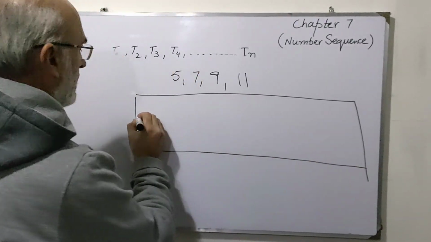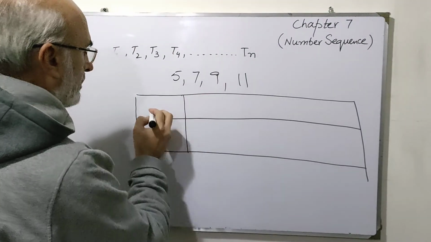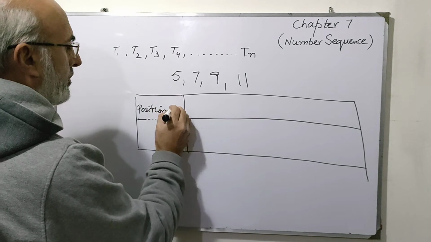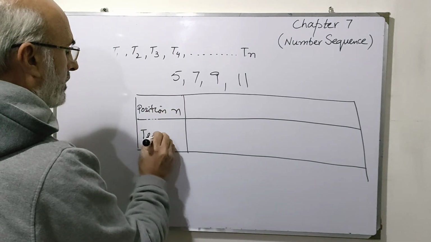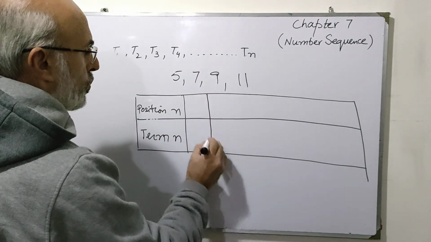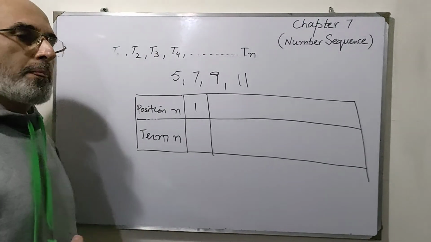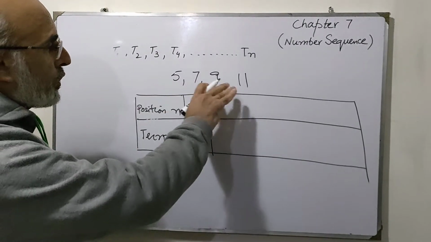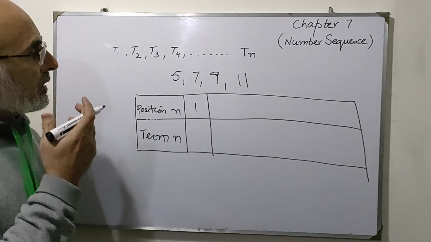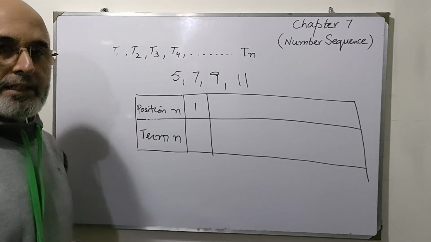I'm going to have position numbers, position n, and the term n. So if the position is 1, what's going to happen? Now in this case, we are not still sure what's going on in this sequence. So let's first work out what kind of sequence it is.